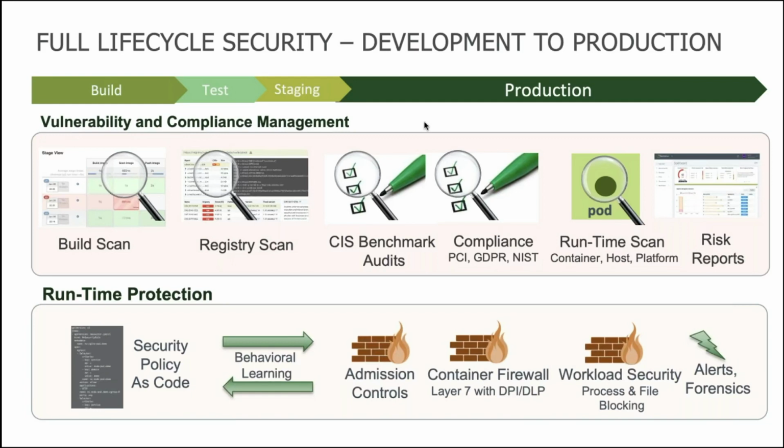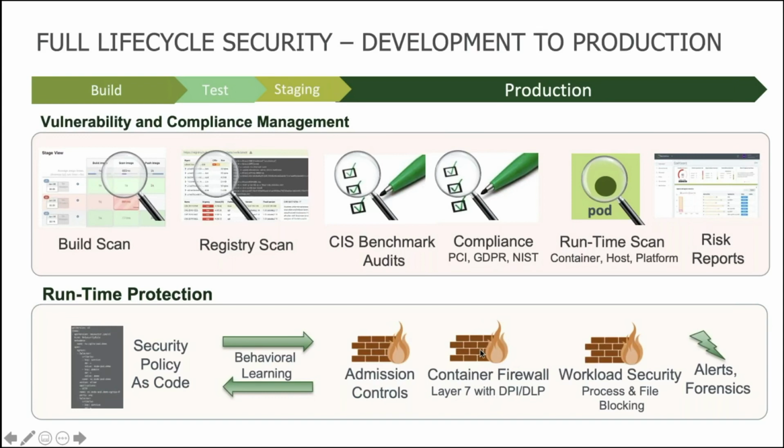It starts with vulnerability scanning in the build phase, moves to registries, CIS benchmarks, compliance checks, and then all the way into runtime or production environments with runtime vulnerability and compliance scanning. And then in addition to that, there is runtime protection provided. What we're going to focus on today is the container layer 7 firewall aspect of NeuVector and how we can implement egress control with that.